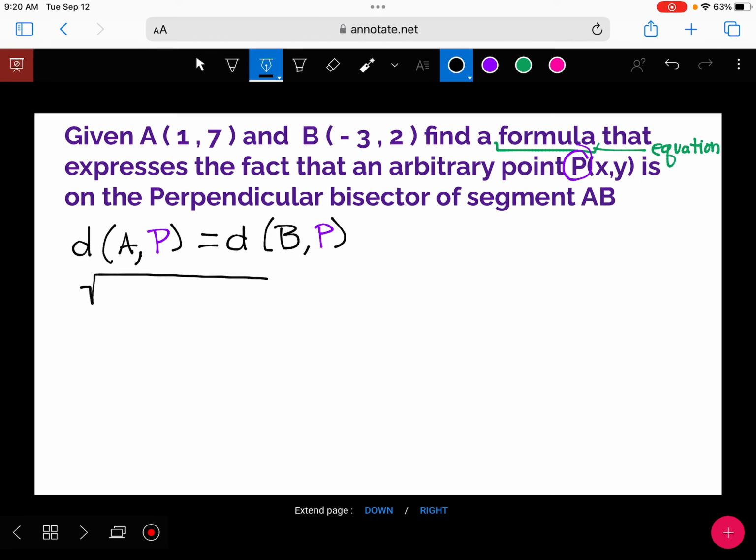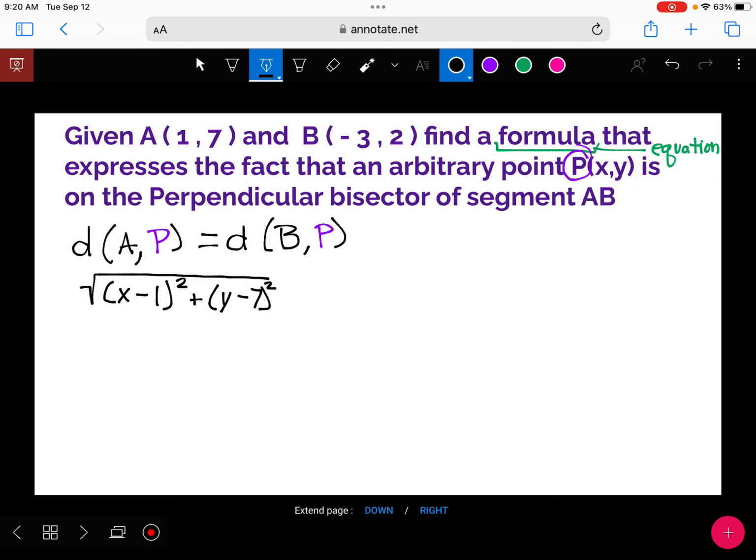So the square root of the distance from A to P: x minus 1 squared plus y minus 7 squared.